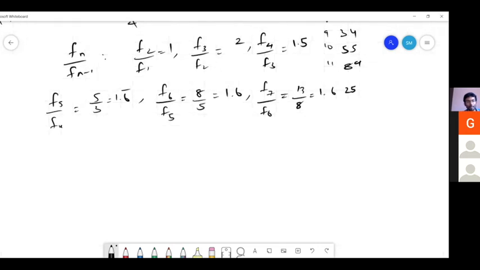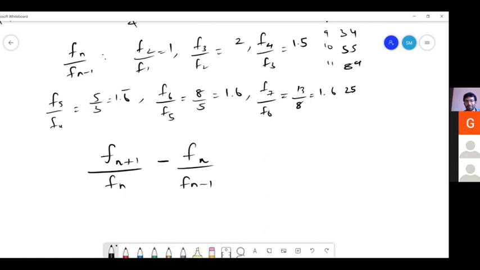So basically, as n grows larger and larger, what can we say about Fn plus 1 by Fn minus Fn by Fn minus 1? This difference, can we tell something about it? It approaches 0. Yeah, how can we say that?